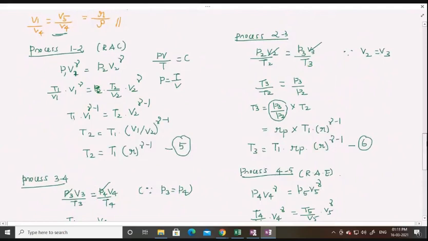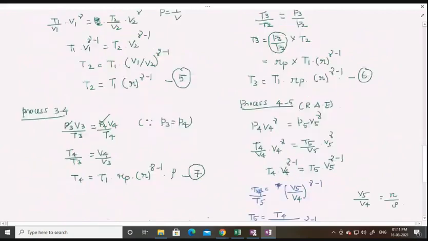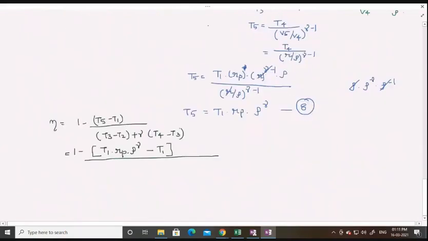T3 is nothing but T1 into R power gamma minus 1 into Rp, minus T2. You can refer equation number 5: T2 is equal to T1 into R power gamma minus 1, plus gamma into T4.